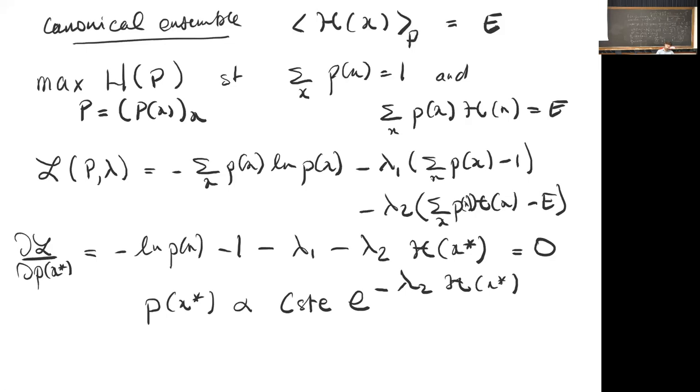The first constraint tells me that this thing is normalized, so I know what this constant is. It is 1 over the sum over x of exponential of minus lambda 2 times h of x. So by fixing the value of lambda 1, I normalize my distribution.